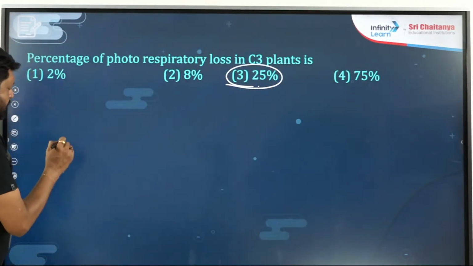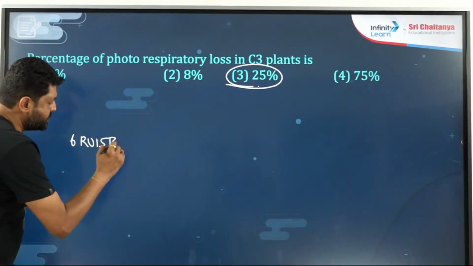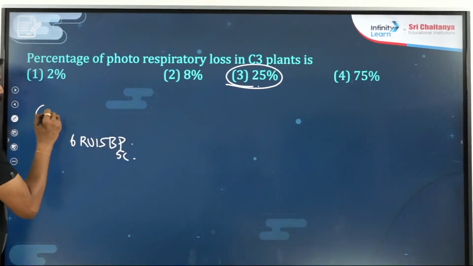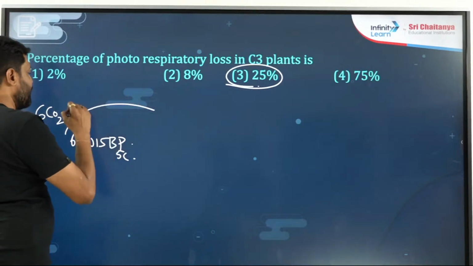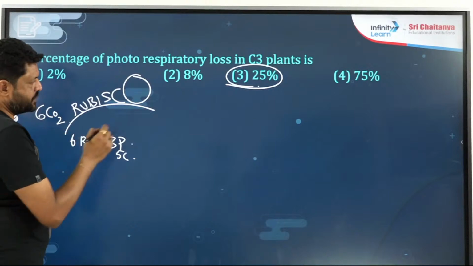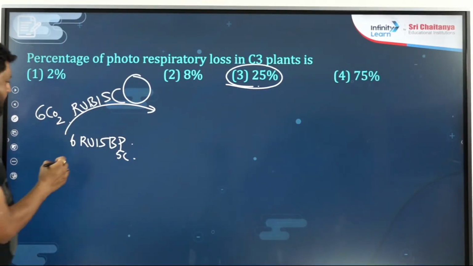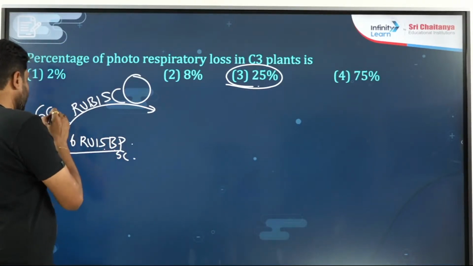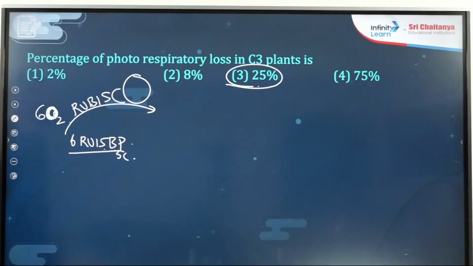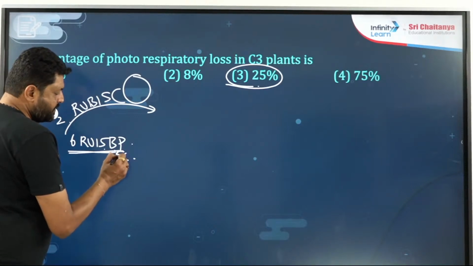Now what happens here is 6 moles of RuBP, each is a 5C, is ready to accept 6 moles of CO2, but because of the peculiar activity of the rubisco, instead of 12 moles of PGA, phosphoglyceric acid, the RuBP, by accepting oxygen, by accepting 6 oxygen, it will undergo photorespiration. 6, each is a 5C, do remember 6 moles.